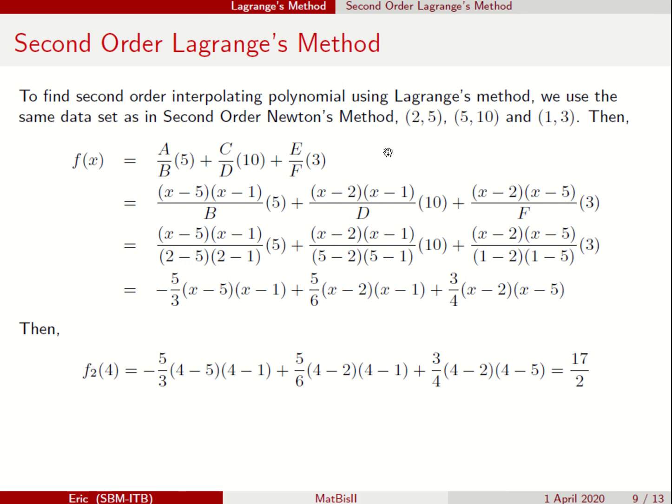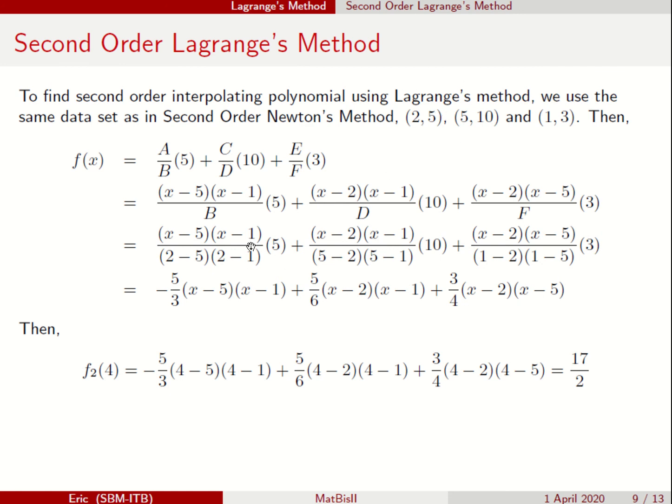And this corresponds to this. So when I substitute x equals 2 and x equals 5, it should be 0. So I have to have x minus 2 and x minus 5. So this will become 0 if I put x equals 2 and x equals 5, because I want this term to correspond just to this and not this.